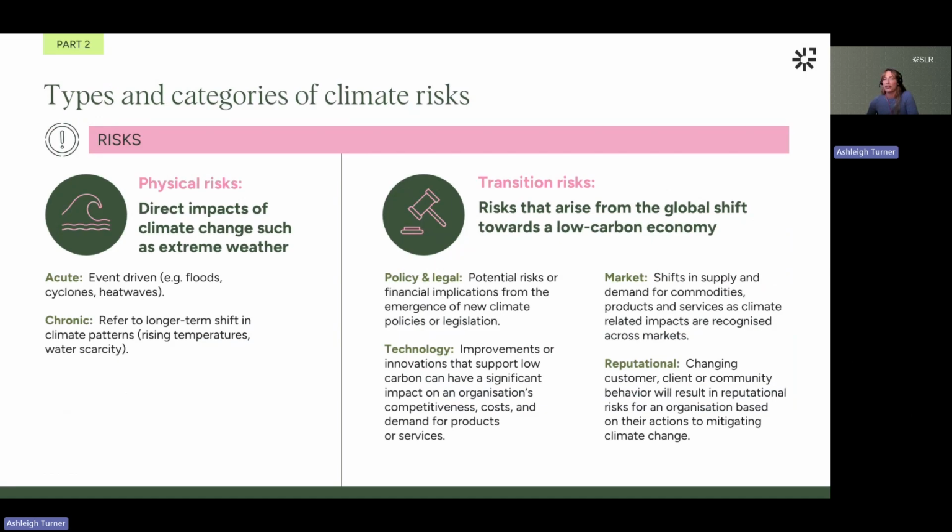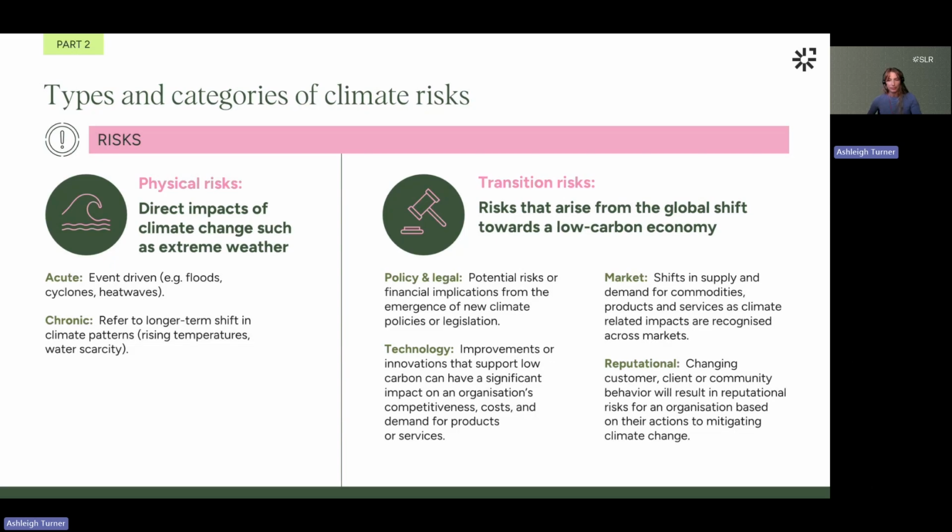I want to break down quickly the types of risks more specifically as well, because this taxonomy is used throughout the ASRS. In terms of physical risks, those direct impacts from climate change, we split them into acute, which are the event-driven risks, so things like floods or cyclones, for example. And then we also have chronic risks, which are the slower moving shifts in climate patterns, so things like rising temperatures, changing precipitation, sea level rise.